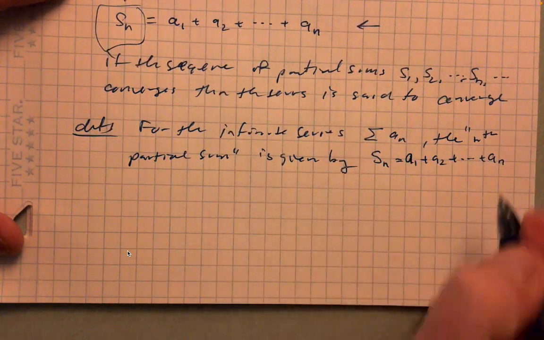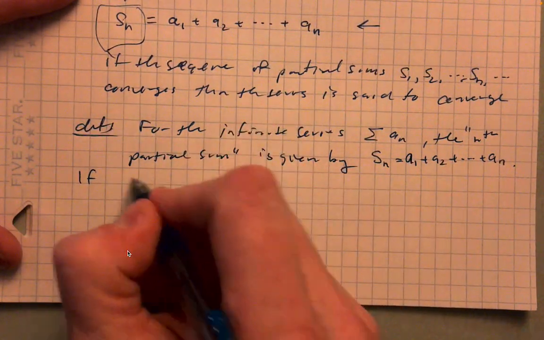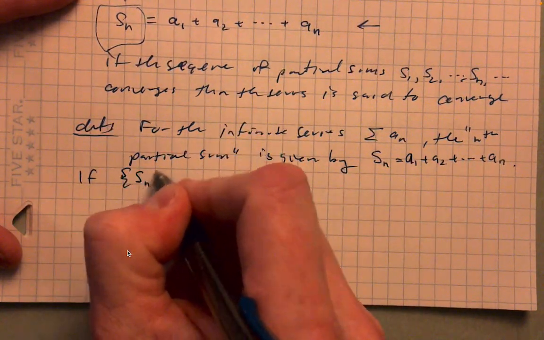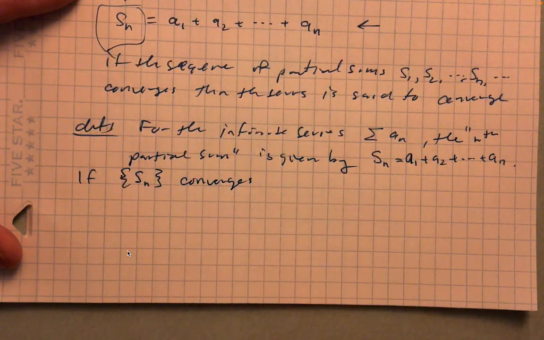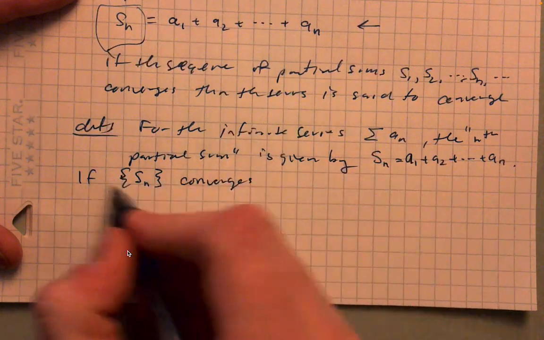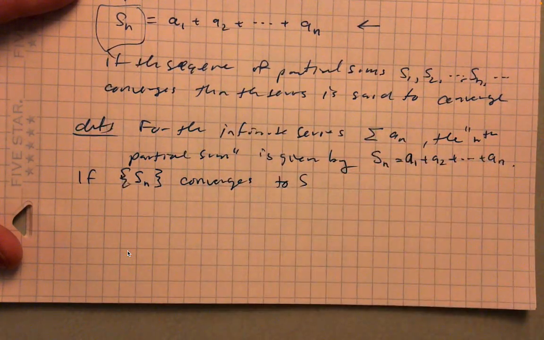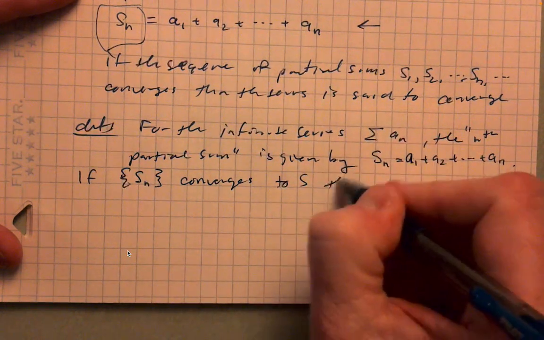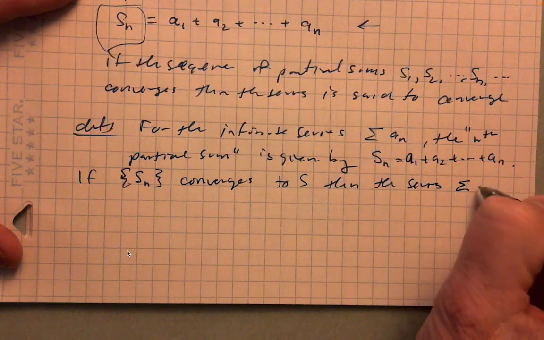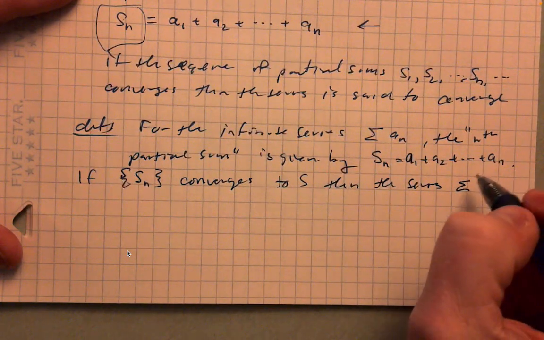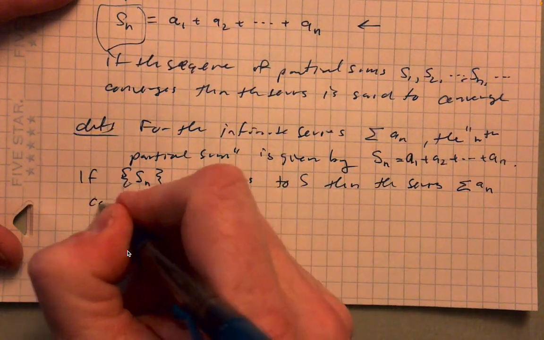Now, if the sequence of partial sums converges to S, then the series sum of A of n converges to S as well.